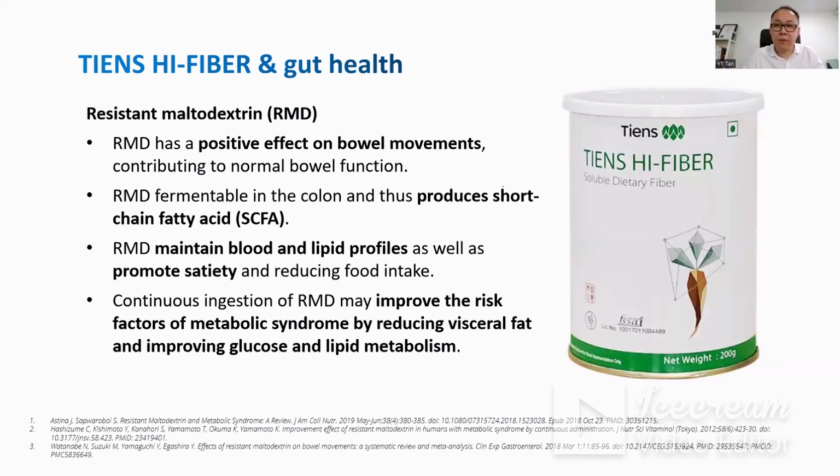GABA is a kind of amino acid which helps us calm down our nerves. So if you have an anxiety problem, now we have some GABA products in the world.